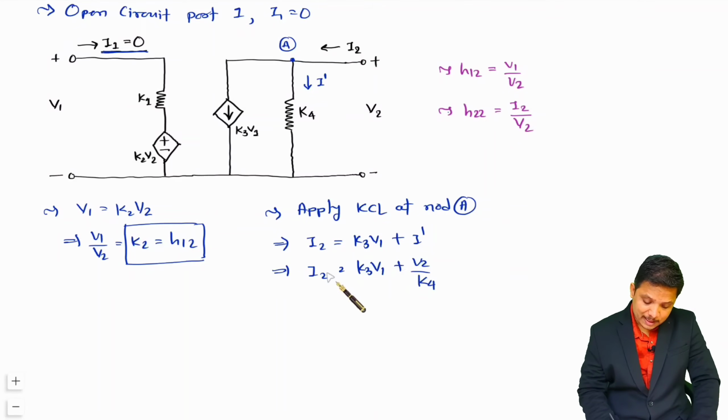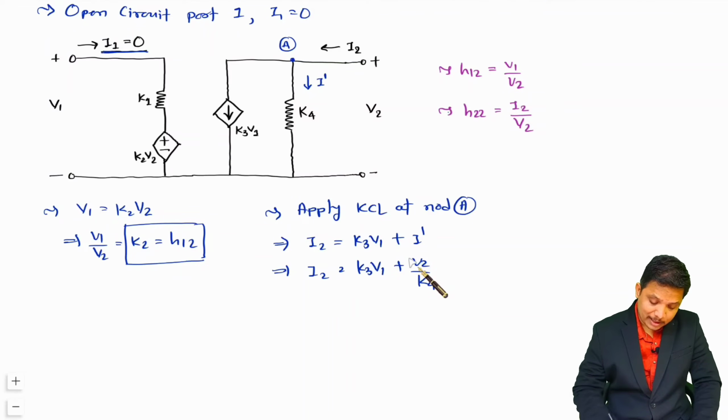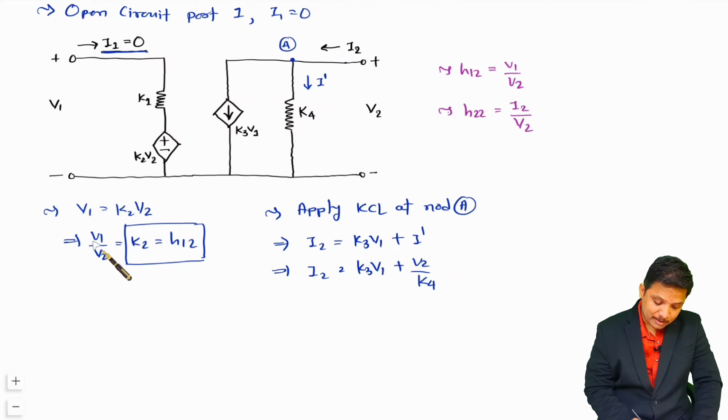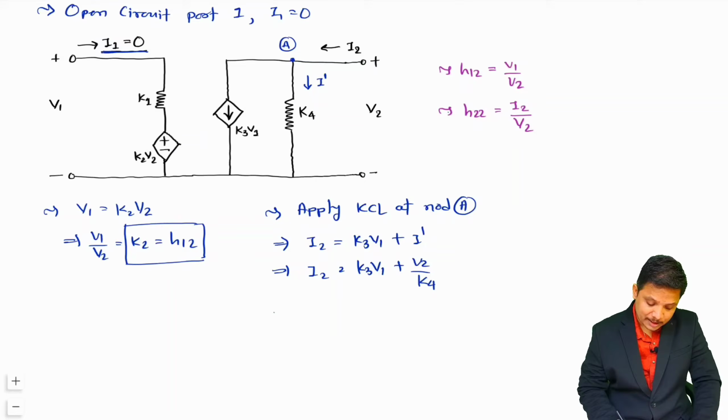Now if you see this equation, I wanted I2 by V2, but here I have V1. So I can convert V1 in terms of V2 as per this. V1 is K2 V2, so let us substitute it over here. So I2 is equal to K3 into K2 V2 plus V2 by K4.